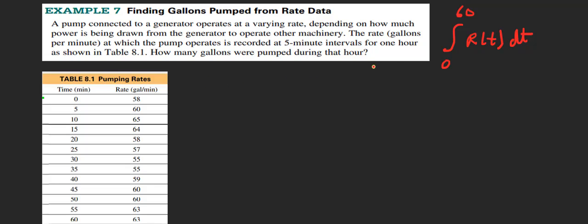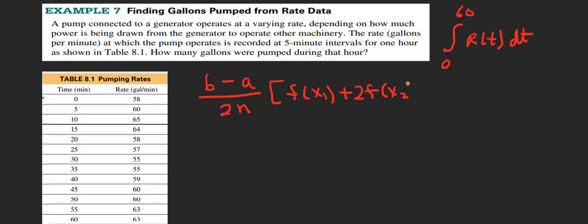If you want to integrate from 0 to 60 of r of t dt, you do b minus a over 2n, where n is the number of trapezoids, times f of the first term, plus 2 times f of the second term, plus 2 times f of the third, and so forth until you get to the last term. Notice the first and the last term do not have the 2.